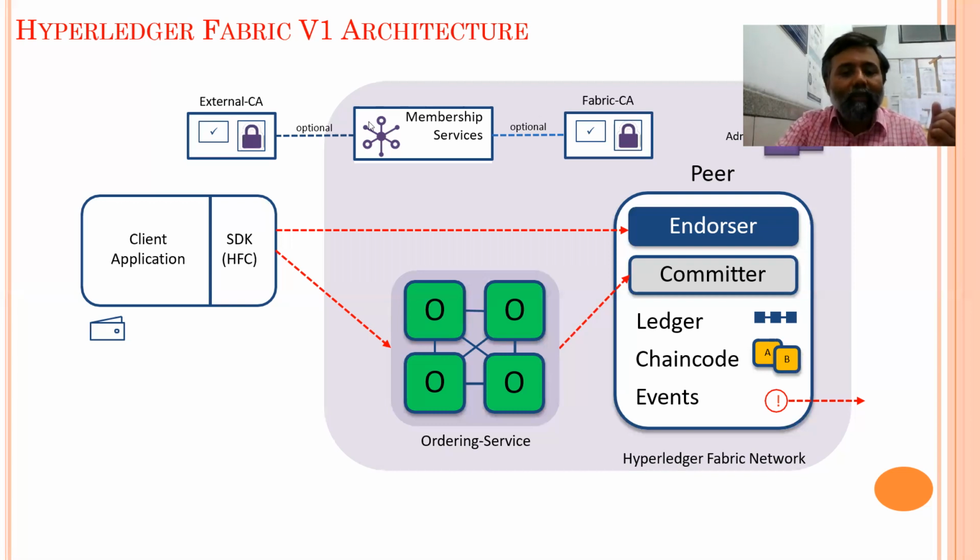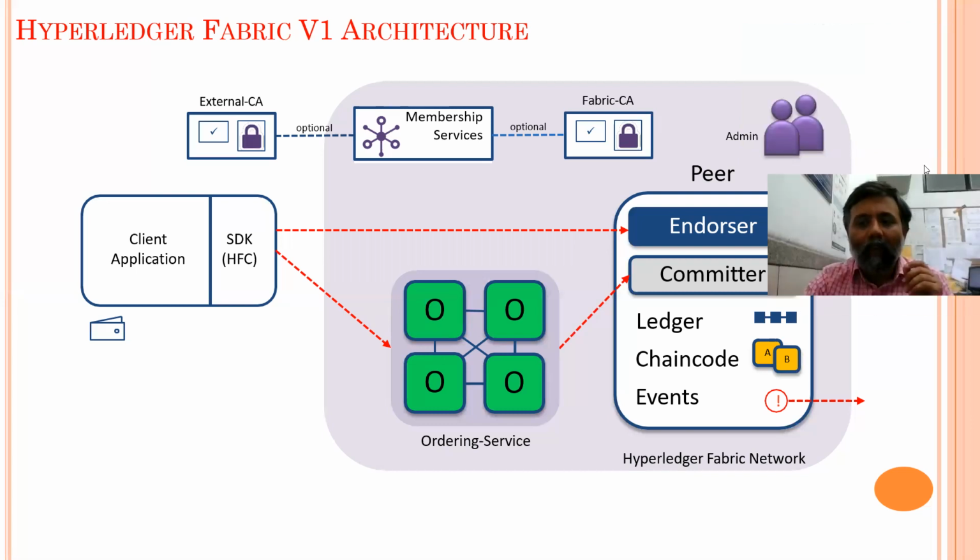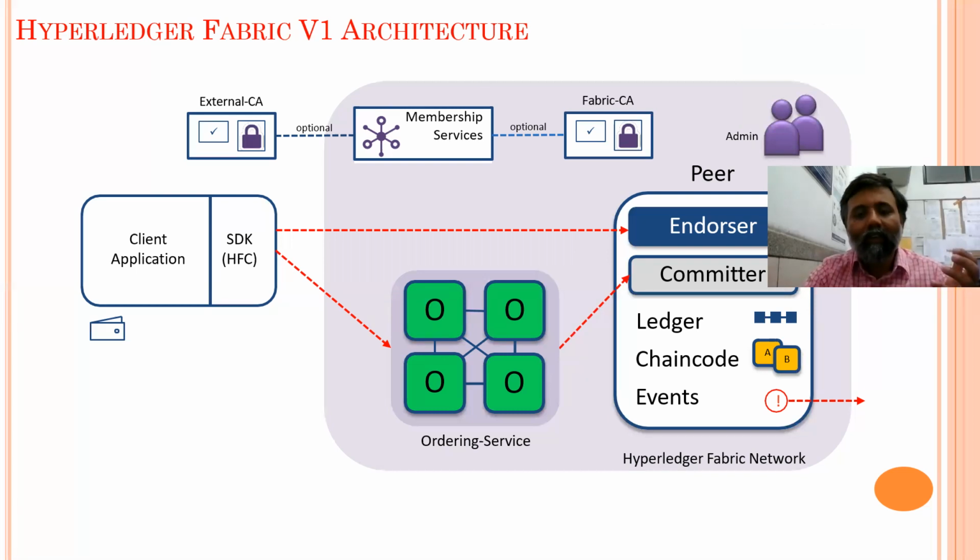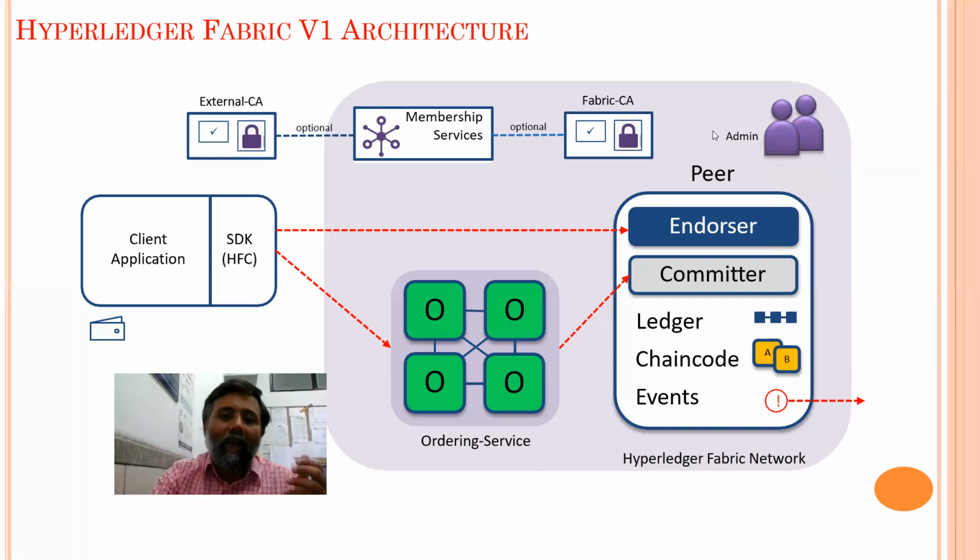Firstly, let's talk about the membership service. This is a very important component, which is used to authenticate a particular participant on the Hyperledger Fabric network. We know that Hyperledger Fabric uses a permissioned blockchain, so the identity of a participant, whether an admin or a simple participant, is needed and should be authenticated.